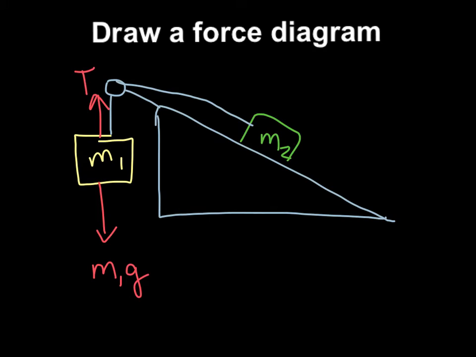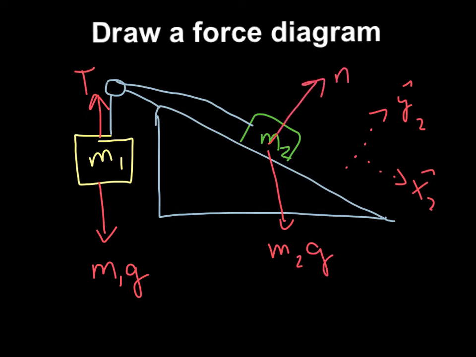Then if we look at block 2, again noting that this is the x direction for block 2, this is the y direction for block 2, we have gravity, weight pulling down, we've got the normal force on block 2, and we have tension right here. Something to note, this tension is the same as this tension because you can't pull harder on one side of a string than another.